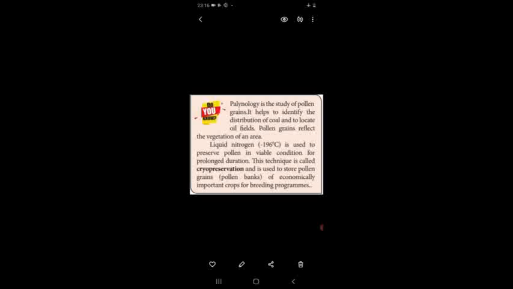Oil fields are also identified by palynology, that means pollen grains. Pollen grains reflect the vegetation of the area. The vegetation present in a particular area is also reflected by pollen grains. That is palynology. It is about pollen grains.